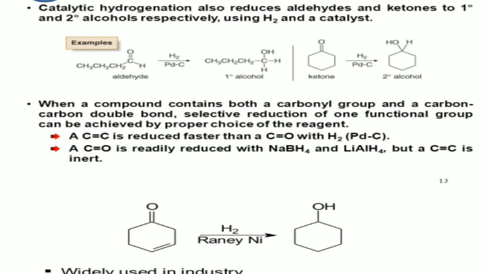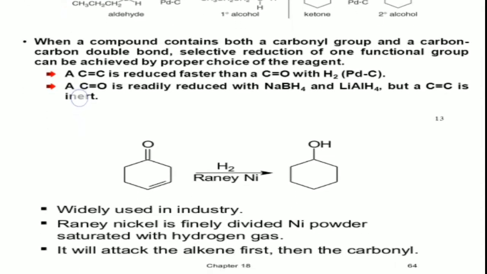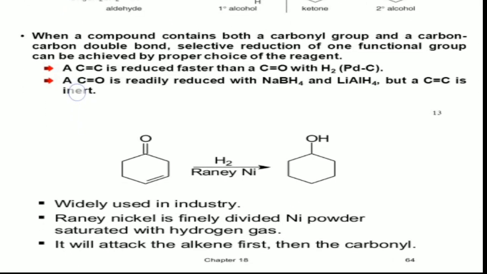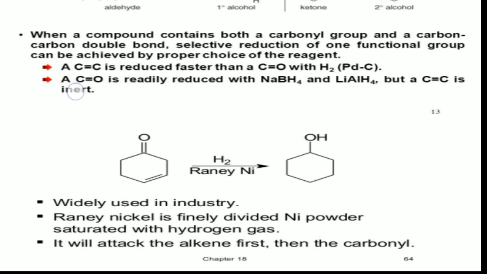Another reagent is also here, that is Raney nickel. Raney nickel is finely divided nickel powder which is saturated with hydrogen gas.